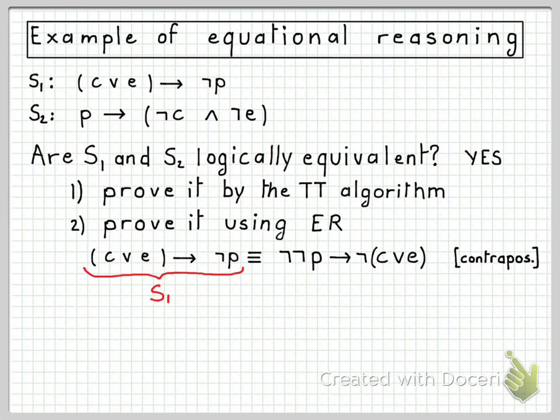So clearly, if we apply double negation here, that will give us P directly in one step. So let's choose that step and let's execute it. Again, don't forget to justify every step in your equational reasoning. So this new equality is justified by the double negation law.